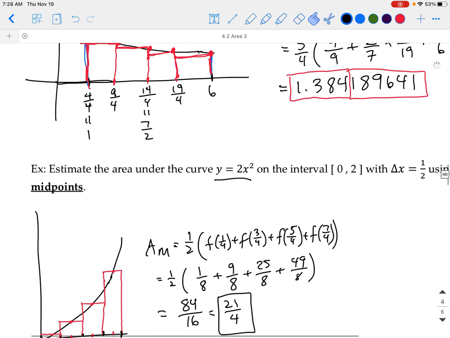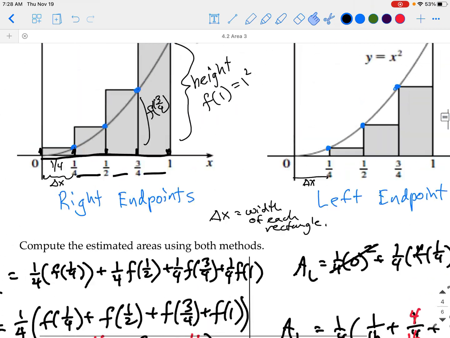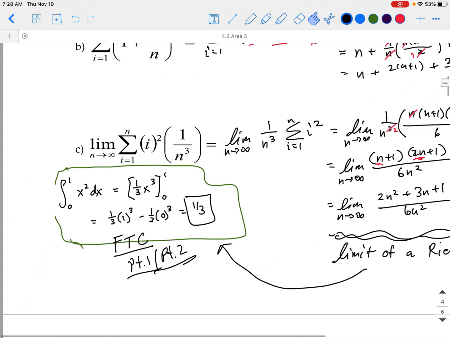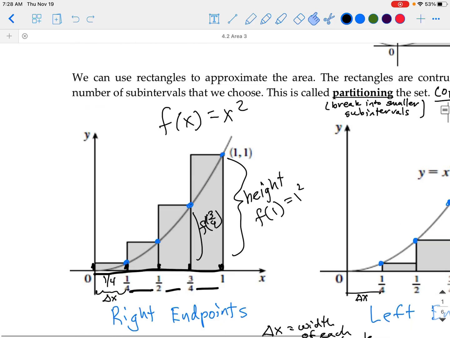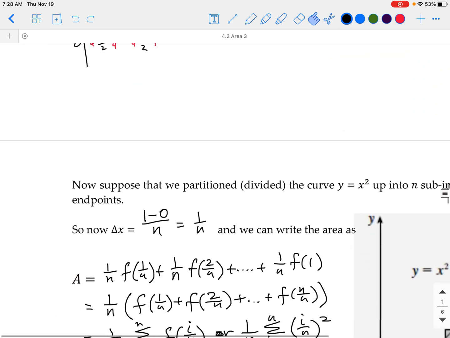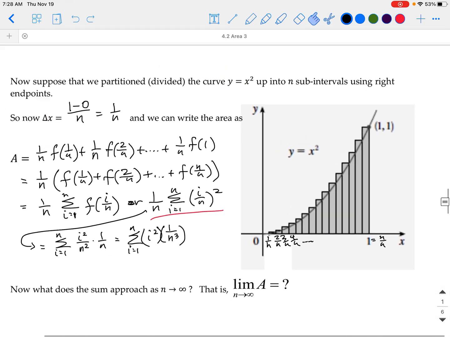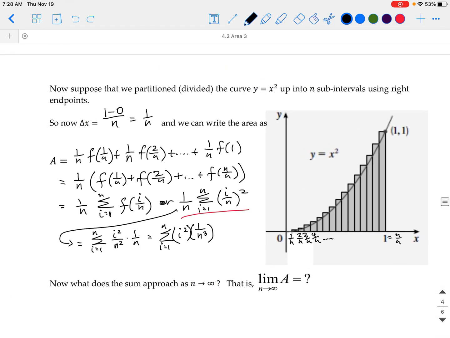And if we think about that sum, i squared times 1 over n cubed, and we go all the way back to the beginning, there it is. That limit of the sum that we looked at there was actually describing the area underneath the x squared curve with n subintervals.